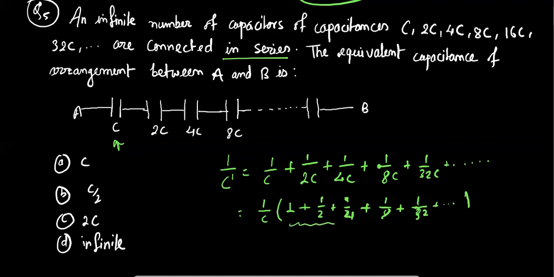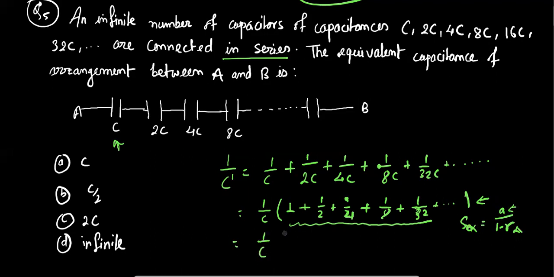If you take 1 by C as a common factor, we can write 1, then 1 by 2, 1 by 4, 1 by 8, and so on. If we look carefully, it forms a series having an infinite number of terms. For this we have one mathematical relation: the sum of an infinite number of terms is a by 1 minus r, where r is the common ratio and a is the first term. So we can use this relation here.